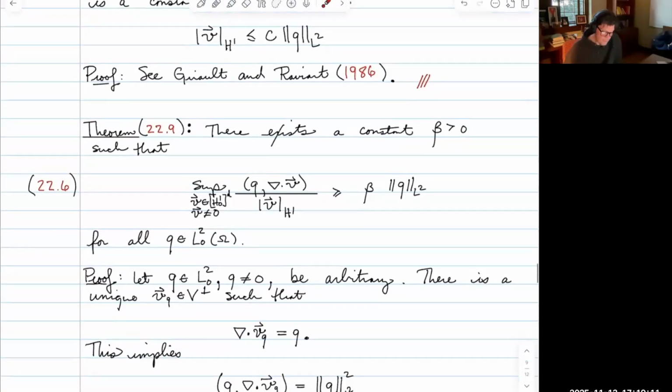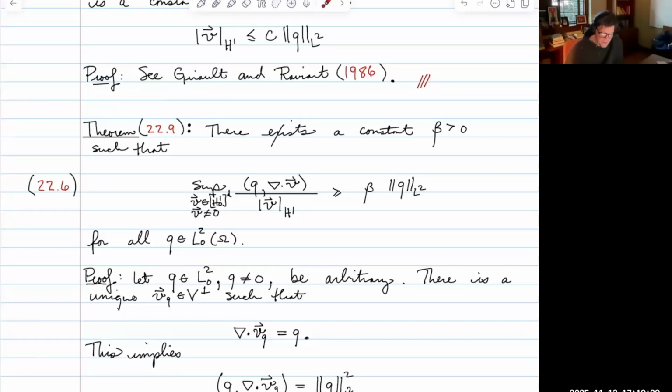I'm going to have time to state the inf-sup condition, or rather a precursor to the inf-sup condition. We won't have time to prove it, so I'll simply state it, and then we'll use it next time and restart our analysis from this point.